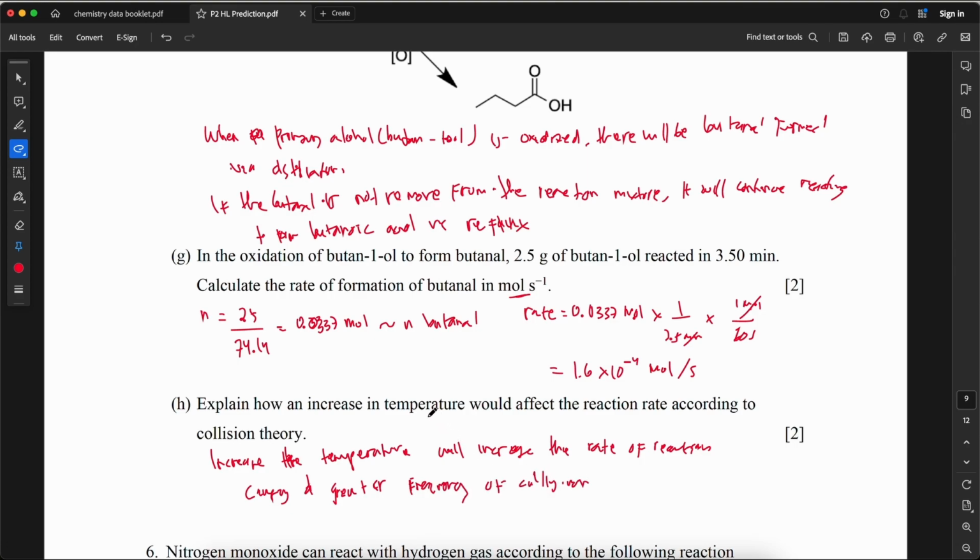Because if you increase the temperature, the energy of the particles that are colliding will increase more. The collisions will happen more frequently, so the rate of reaction will also increase.